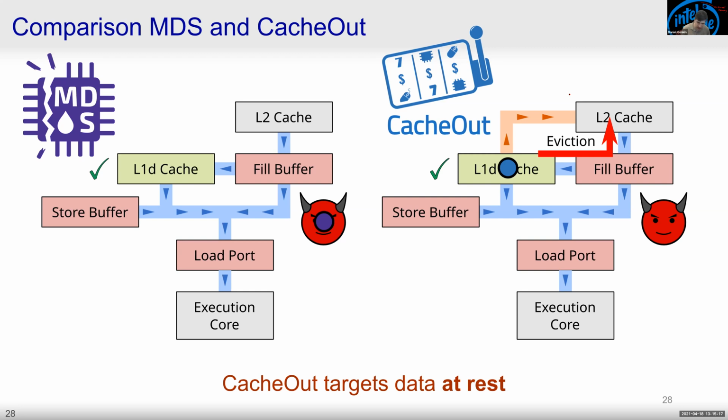What's in the L1D cache? A lot of data, 32 kilobytes of data. Which data do we like to have? Eeny, meeny, miny, mo. Let's go for the blue. So first of all, we need to move it somehow. We need to move it from the secure cache into the fill buffer. How do you do that? Well, remember, the cache is of finite size and is kind of small. So if I access data that needs to go into the same place as the blue data, then the blue data, well, is out of luck and needs to be evicted.